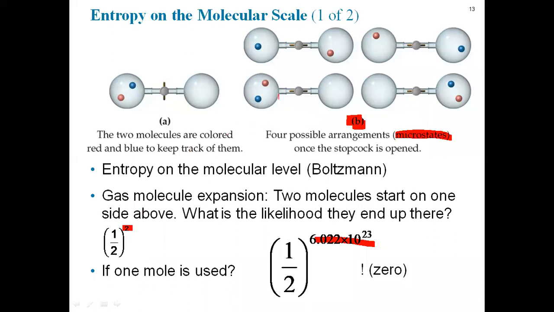When you open the valve, the gas expands, but there's still a 1/4 chance to get the 2 molecules on the left side. But that chance gets less and less as the number of molecules gets larger, which means you take 1/2 to the power of the Avogadro number. So obviously that becomes 0.